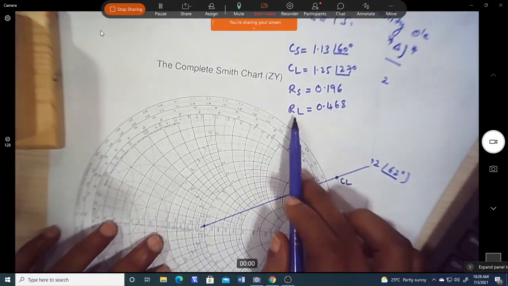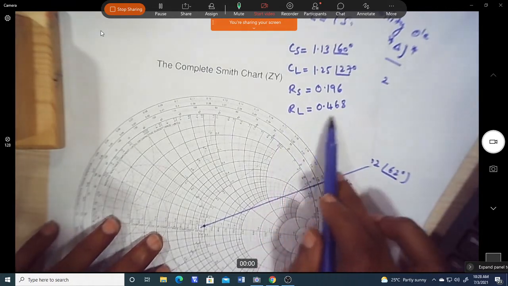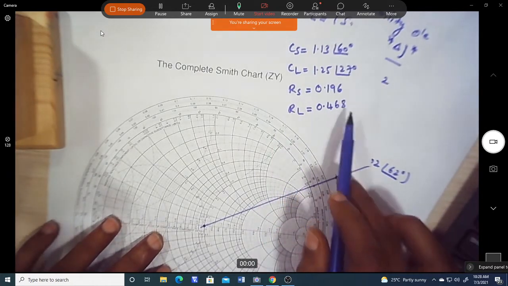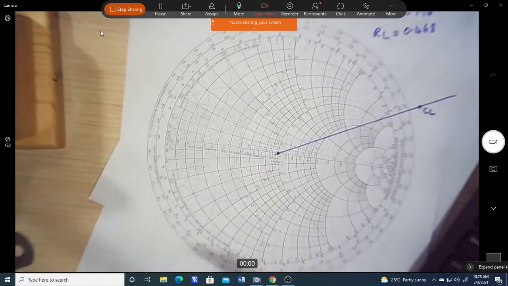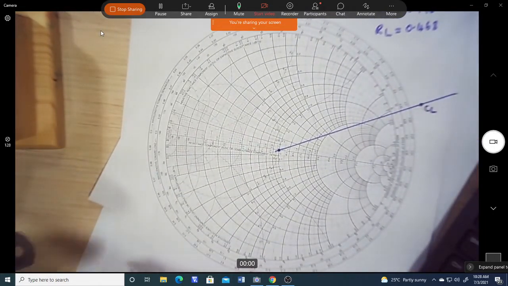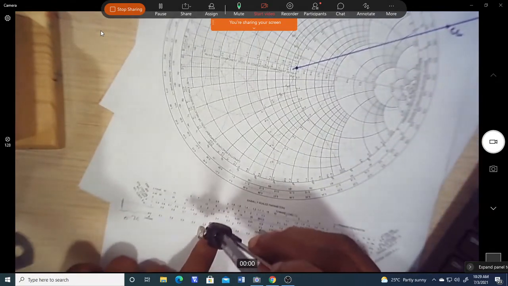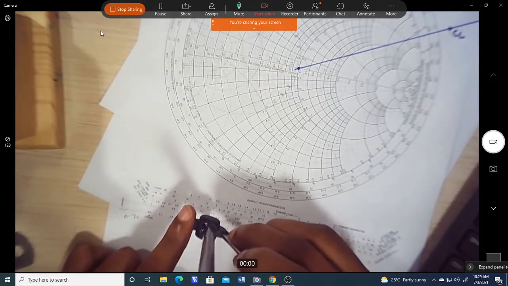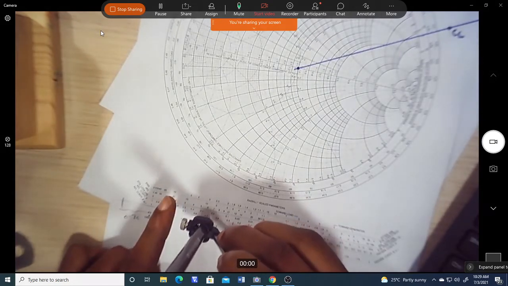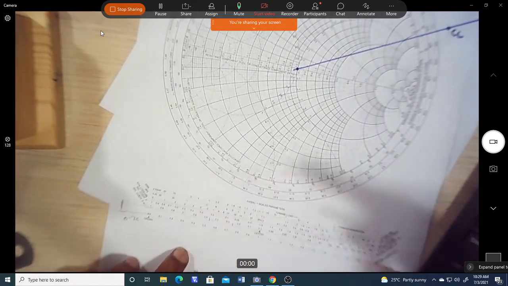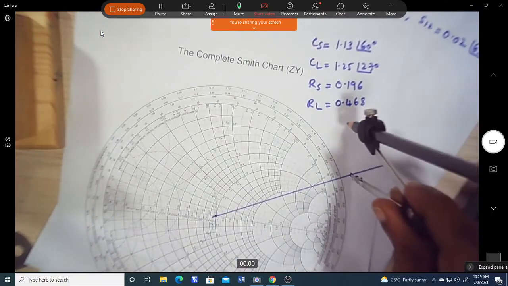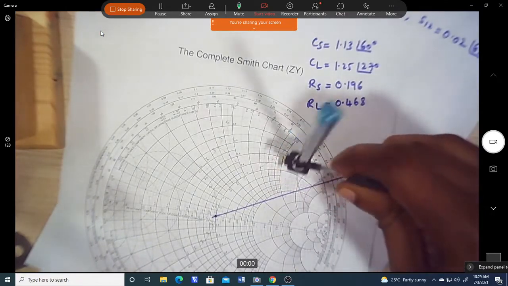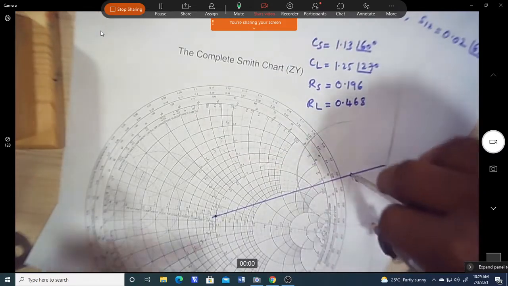Now what is RL? It is the radius of that output stability circle, which is 0.468. So again take 0.468 from that reflection coefficient scale. So this is 0.4, and 0.46, so 8, so approximately I am taking this radius. By taking this point, you need to draw a circle of radius 0.468.